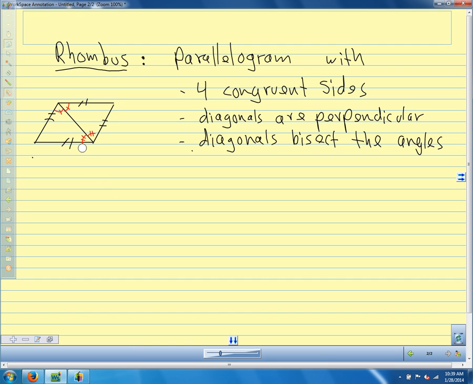So if we know we have a rhombus, we can figure out lots of stuff, because everything that's true about a parallelogram is true about a rhombus, and the diagonals are perpendicular, and the diagonals bisect the angles. Questions about a rhombus?